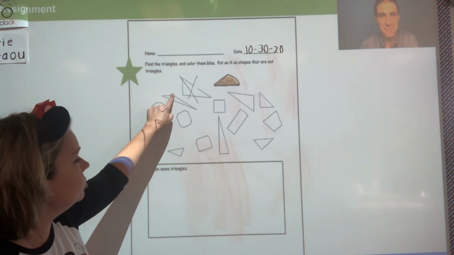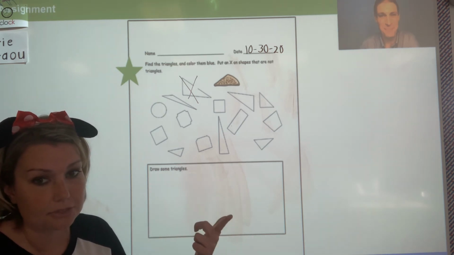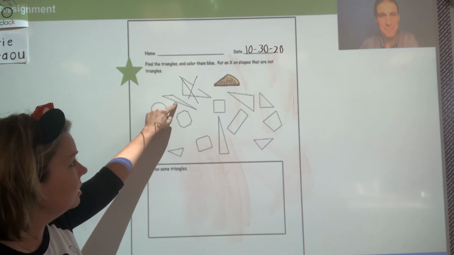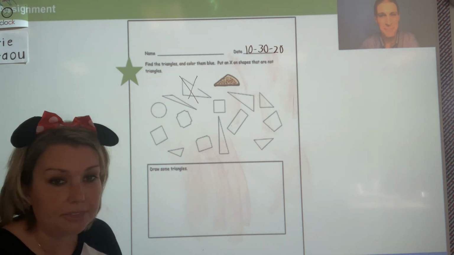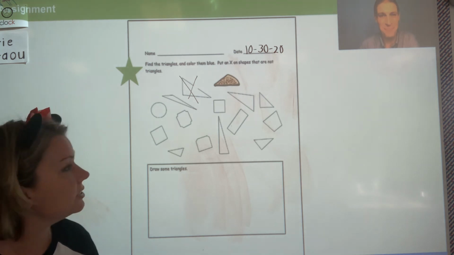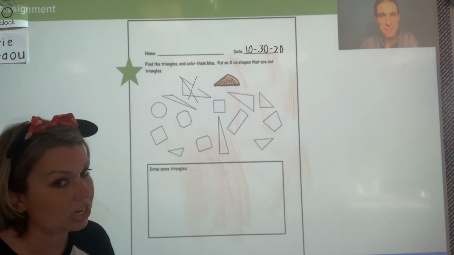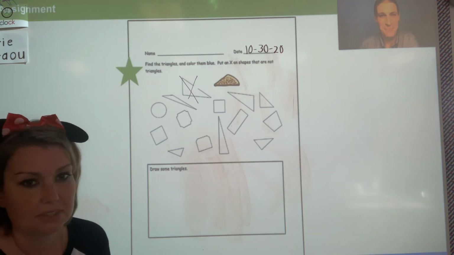And 1, 2, 3 corners. So it's got 3 straight sides, it's got 3 corners. And it's closed. And all the sides are straight. So yeah, I think that is a triangle. It's just kind of stretched out and different looking. But as long as it has 3 straight sides, 3 corners, and it's closed, it's a triangle.